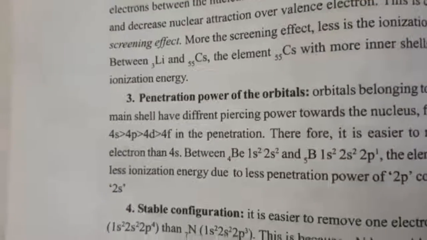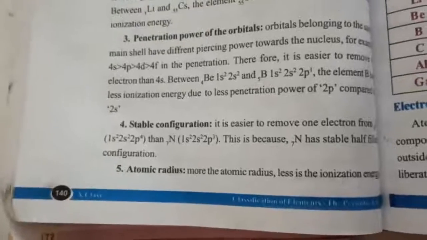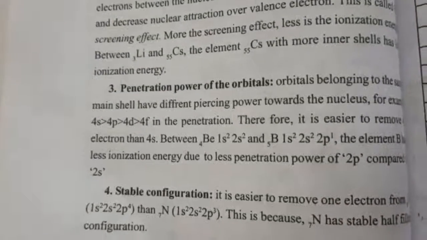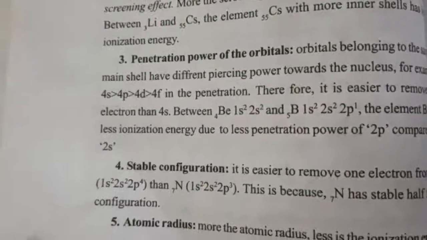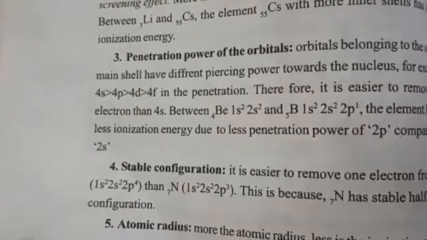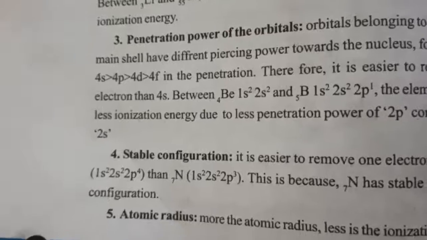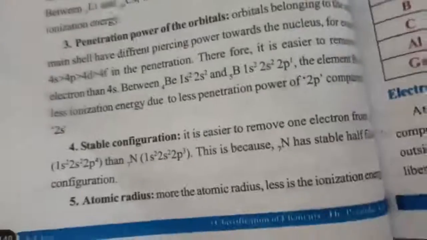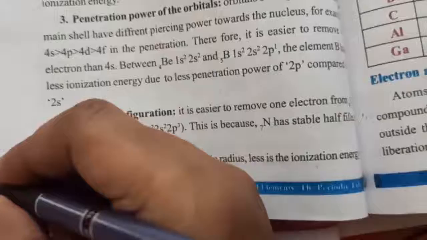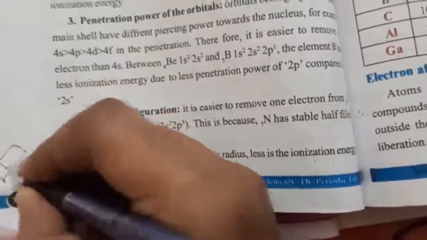Stable configuration. This also I told you in the last class. It is easy to remove one electron from oxygen than nitrogen. Why? Because nitrogen has a stable half-filled configuration.